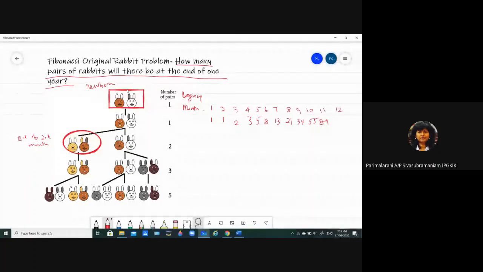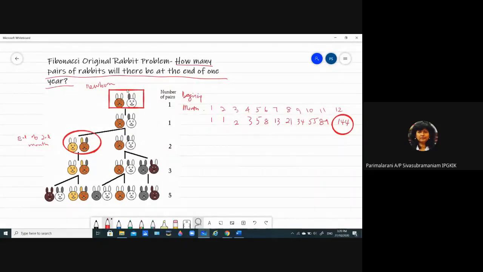After 89 is 144. So at the end of the first year, there will be 144 pairs of rabbits.